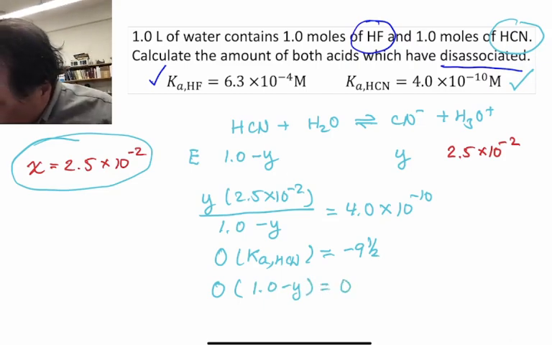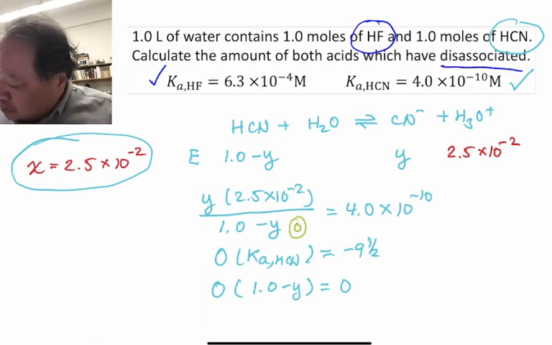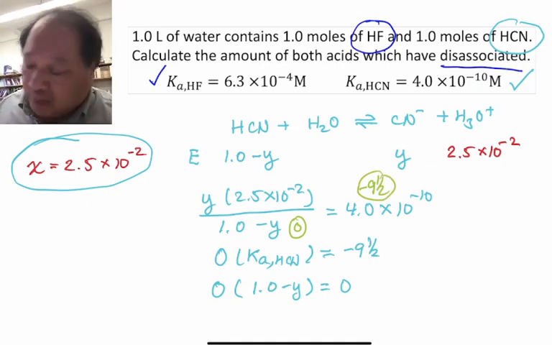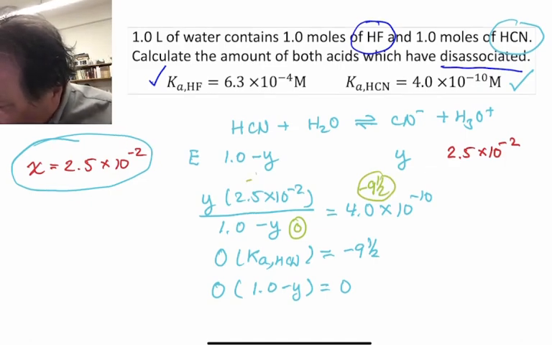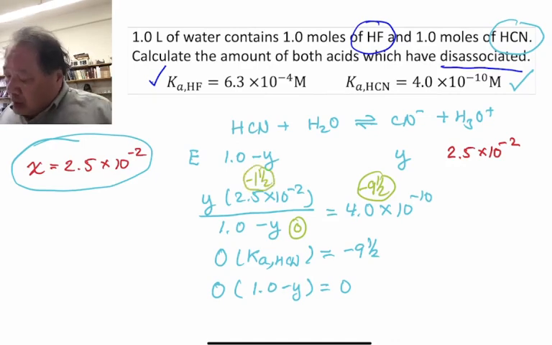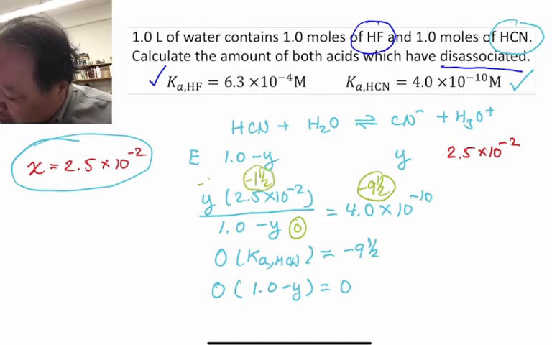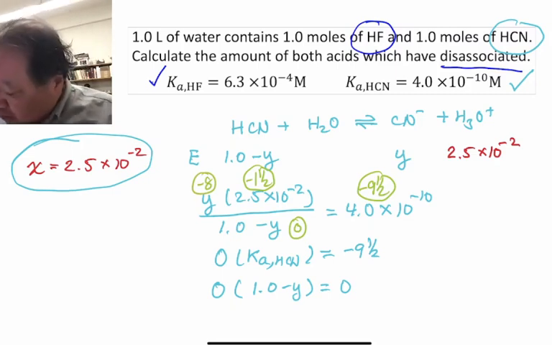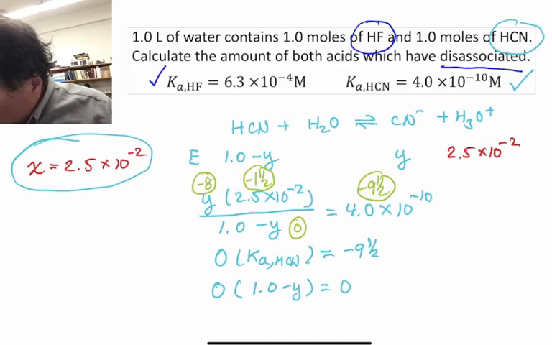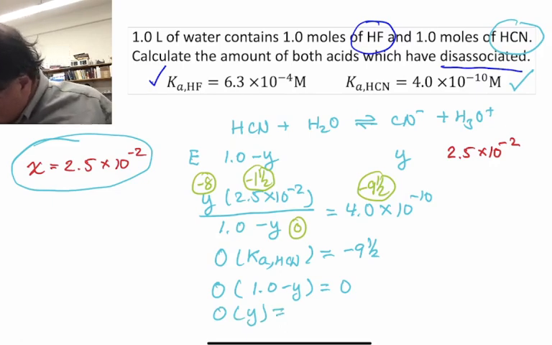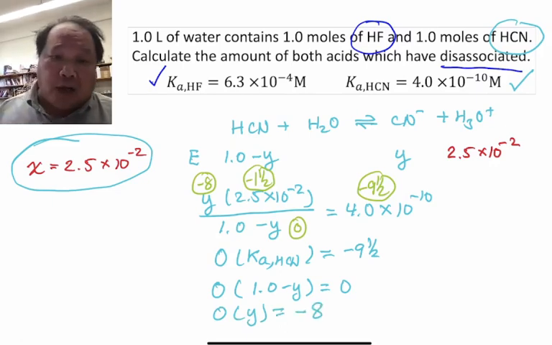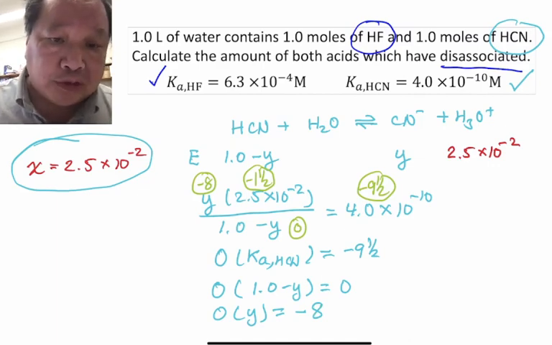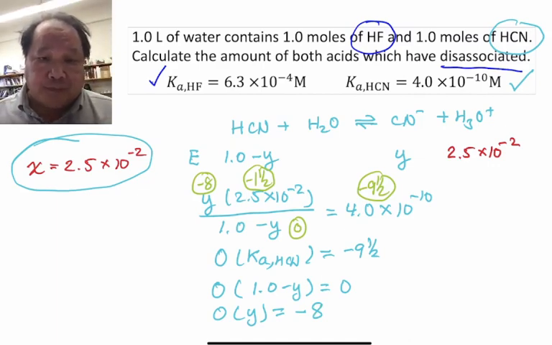If we have an order of magnitude 0 here, an order of magnitude minus 9.5 here, and 2.5 times 10 to the minus 2 is negative 1.5, what should Y's order of magnitude be? If we make it negative 8, negative 8 plus negative 1.5 is negative 9.5. So the order of magnitude of Y is negative 8.